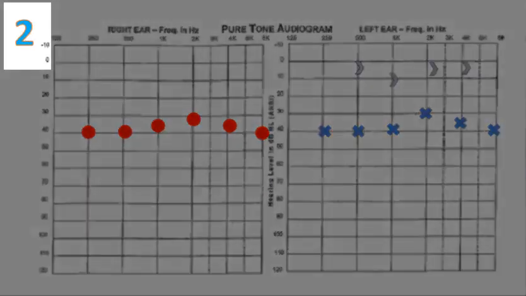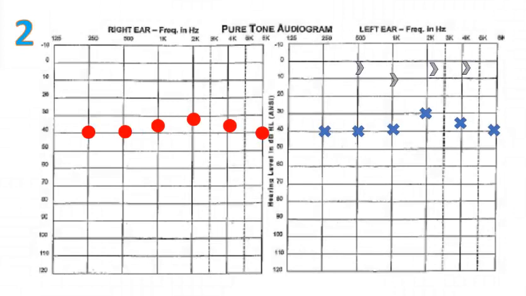Let's take a look at a second case. We do care about which ear these bone conduction results are coming from, but we have no idea which side they are coming from. You see there's a fairly symmetrical, kind of mild to moderate hearing loss. Unmasked bone conduction results were completed with the bone conductor placed on the left side.